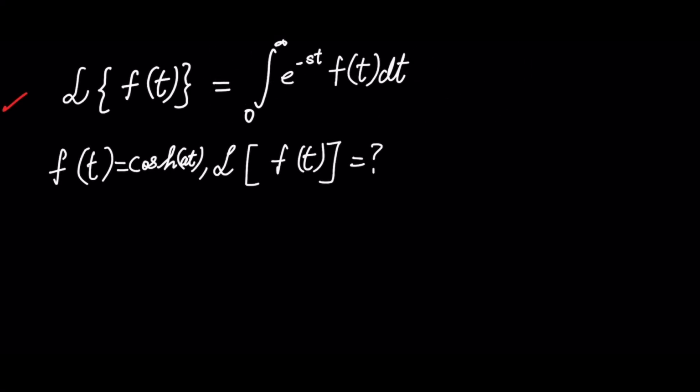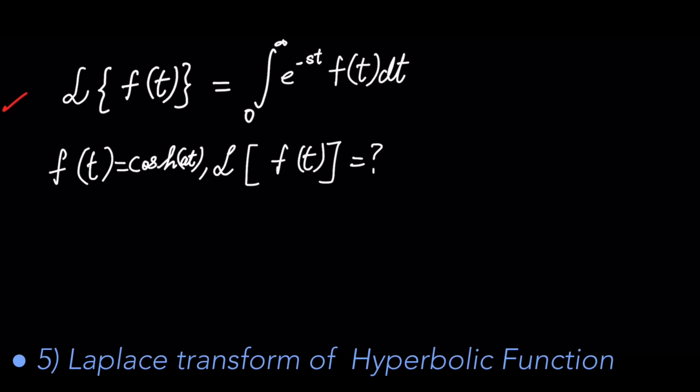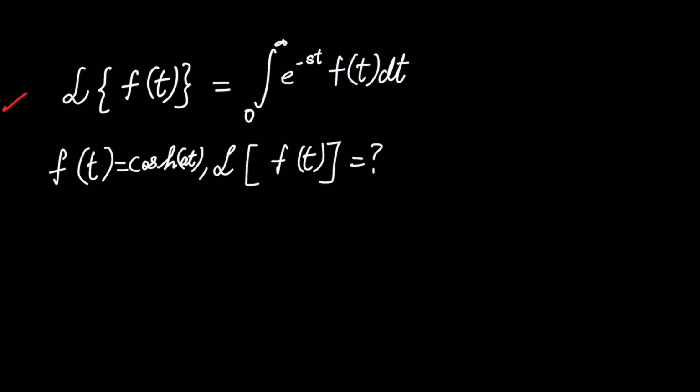Now, let's move on to finding the Laplace transformation of hyperbolic trigonometric functions. Let's take cos h of at as our example here and find its Laplace transformation. Applying the definition of the Laplace transform, we begin by rewriting the expression accordingly.